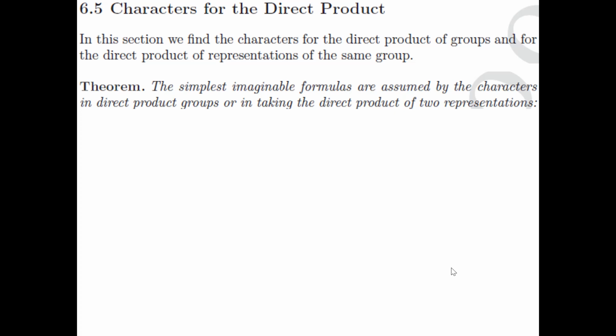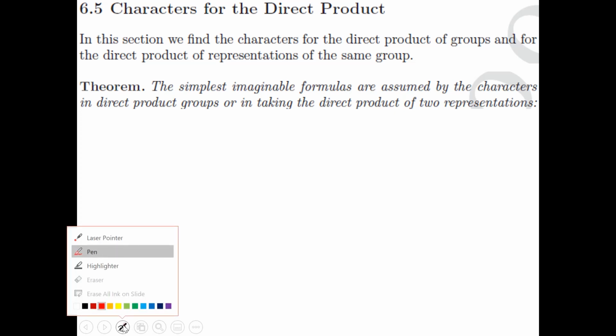It basically says that the simplest imaginable formulas for the characters of direct product groups and direct product representations are assumed. What does that mean?